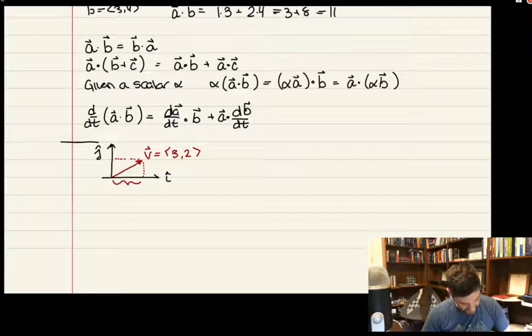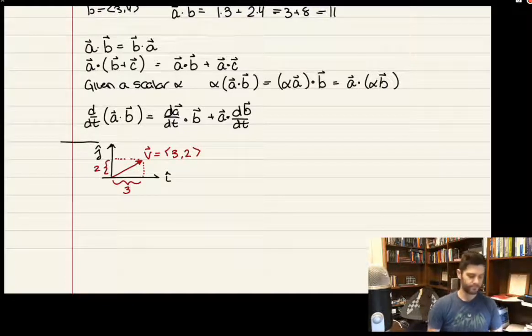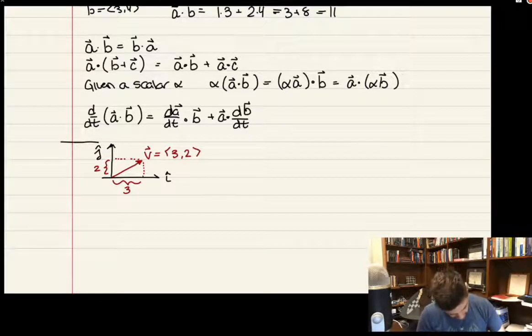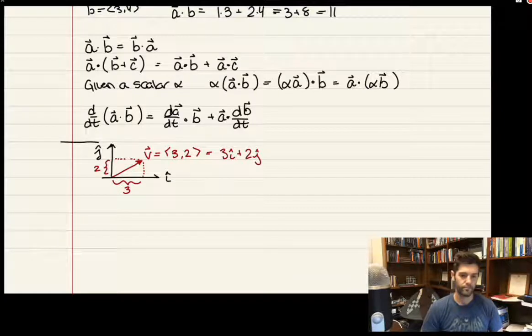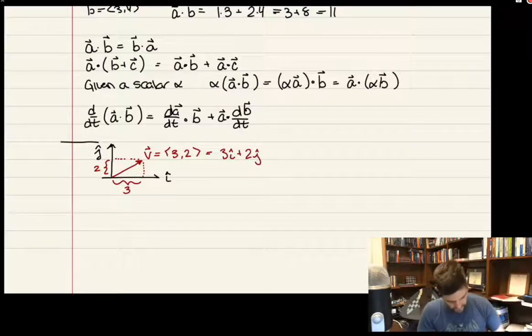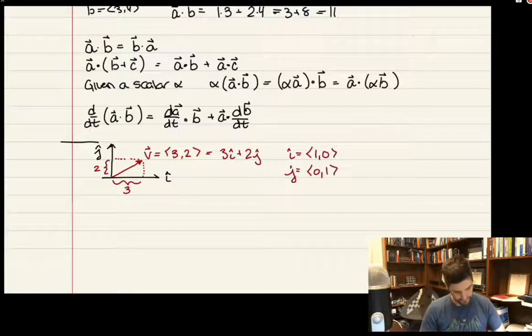You would find, of course, this length is 3 and this length is 2, because that vector is the same thing as going to the right 3 and up 2. Which is why we sometimes wrote this as 3i plus 2j, where i, to remember, is (1, 0) and j, in this case, is (0, 1).